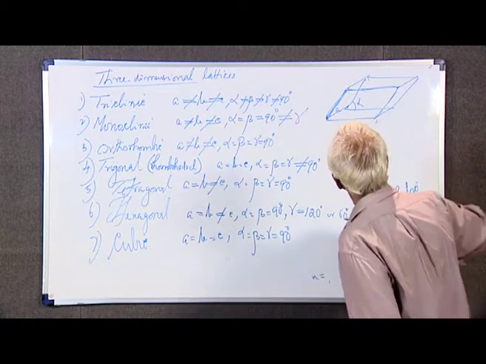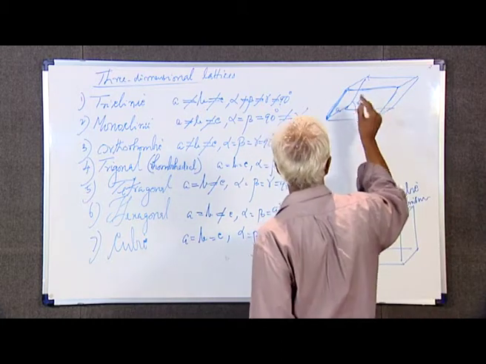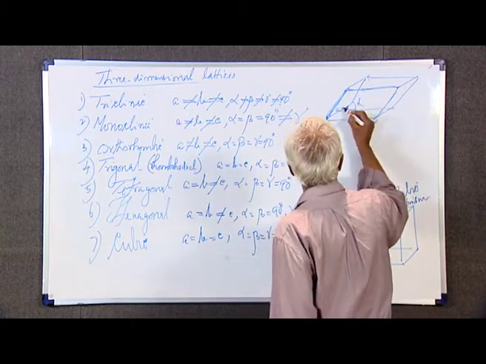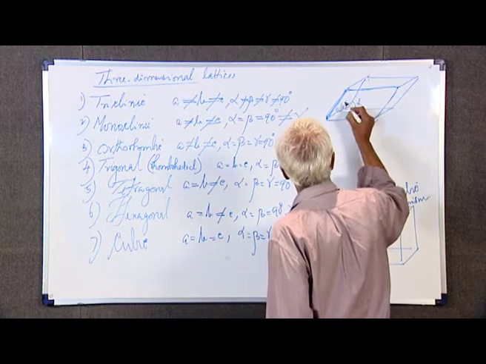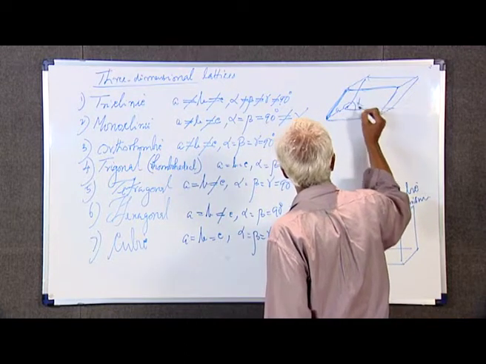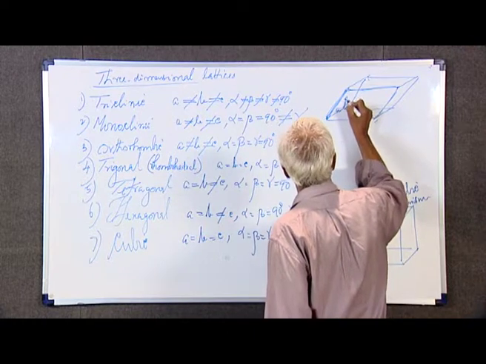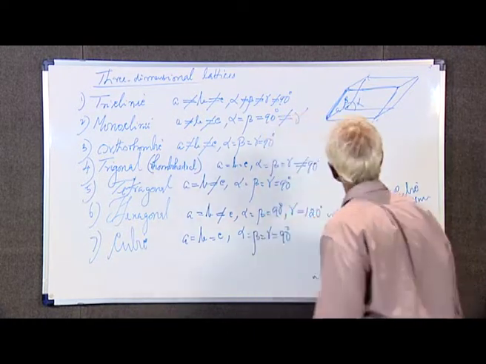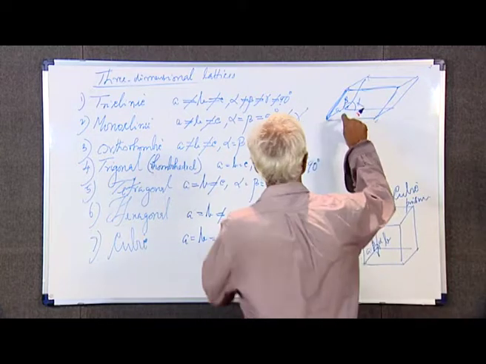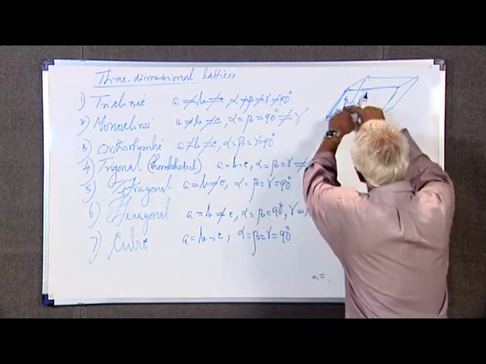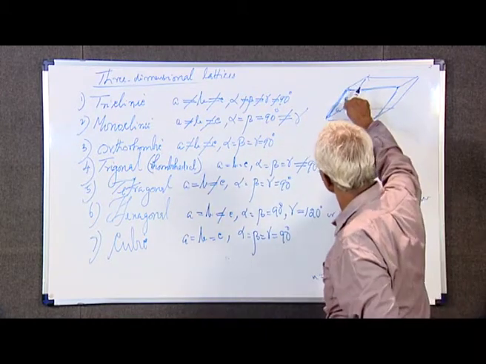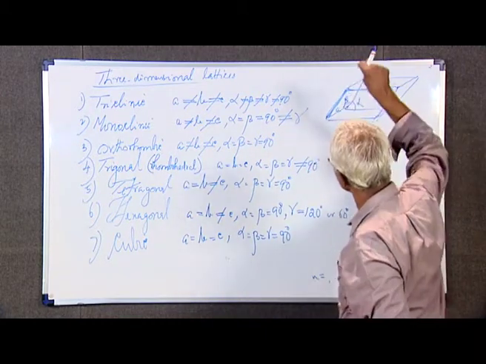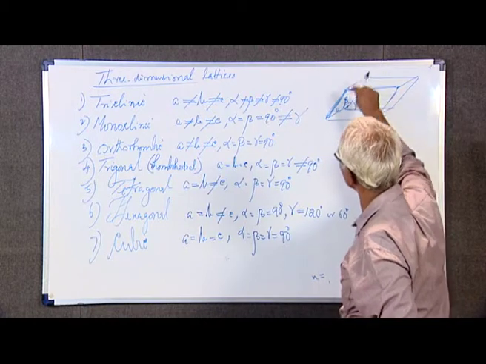Suppose this beta, I am going to make equal to 90. Then this vector C A has to go exactly perpendicular to the plane of the board.